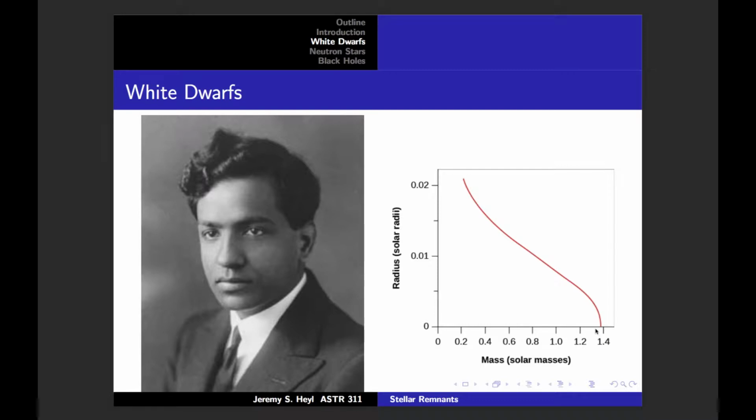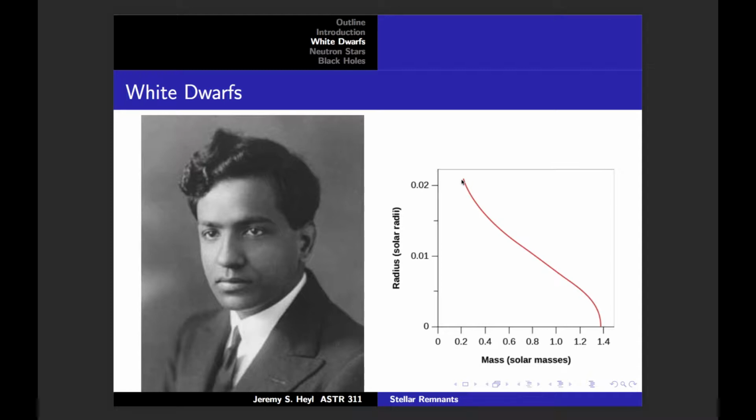This same curve applies if we think of the core of the massive star. The core of the massive star is held up by this degeneracy pressure as well, because it can't have nuclear reactions. So as the core of the massive star, I always said it's around the size of the Earth, and this is why.